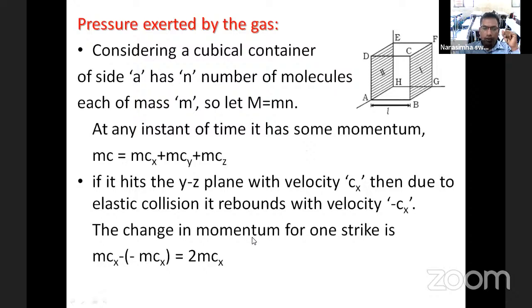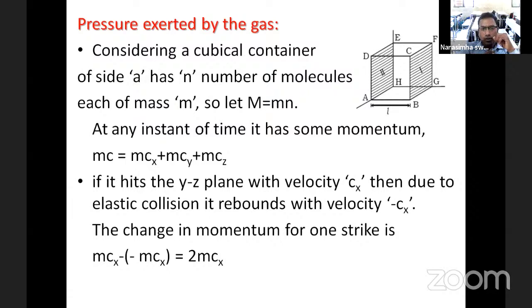Kinetic energy is because of the velocity, right? I told you that with this velocity the cubical box experiences some pressure, so you can also calculate how much pressure is exerted on the wall of the container. The next topic is pressure exerted by the gas.